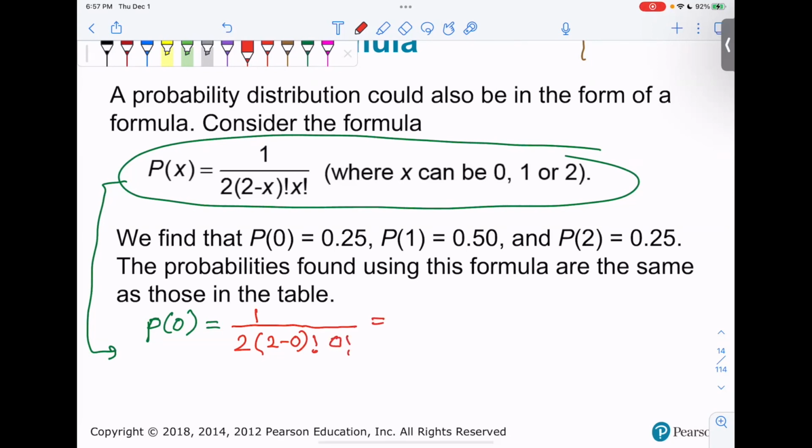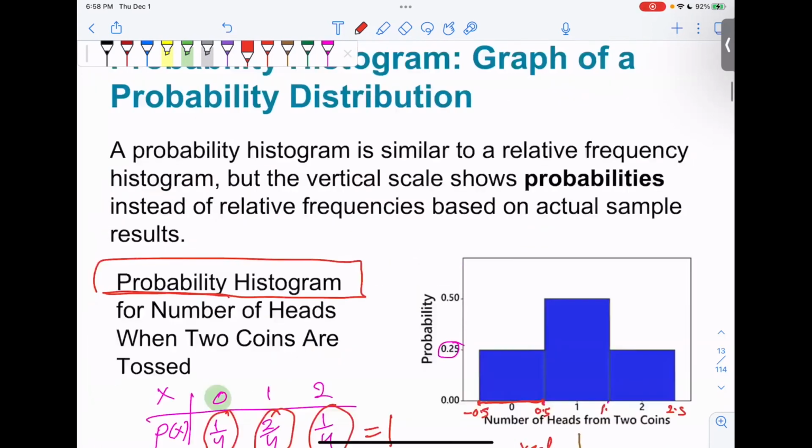So it will be 1 divided by 2 times 2 times 1, because 0 factorial equal to 1, 2 factorial equal to 2, and then 2, which equals 1/4, all right? Which is the same value here.